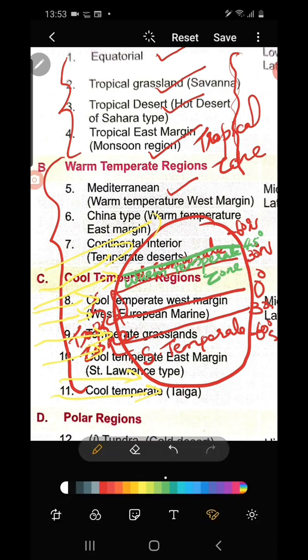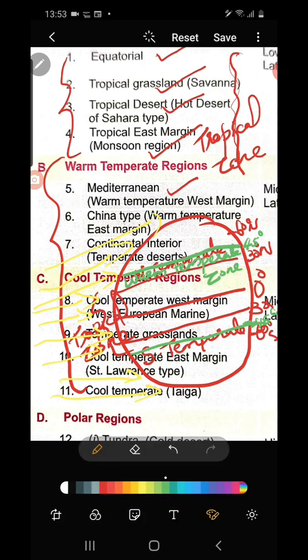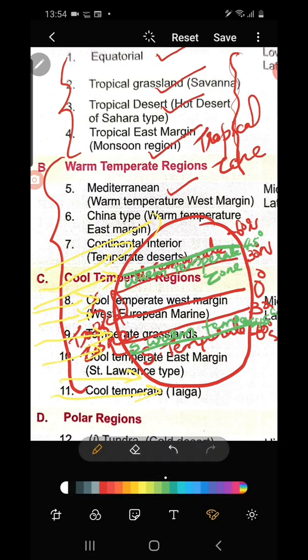Again in the southern hemisphere also, 30 to 45 degree is named the south warm temperate zone. Why is it the south warm temperate zone and the north warm temperate zone? Because it is close to the tropical zone, so it is not so cold.